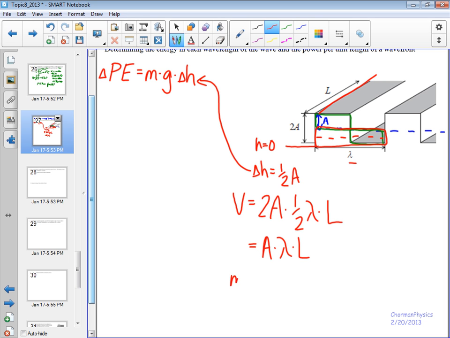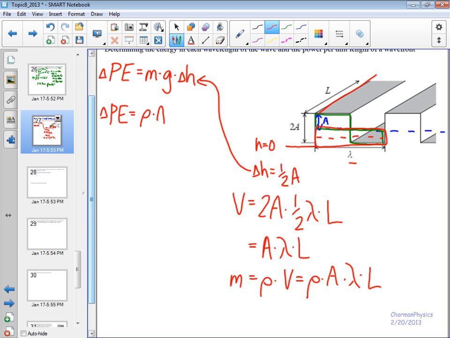So what this leads us to is that the mass is going to be equal to the density times the volume, and this is just the same as rho times A times lambda times L. When we substitute that in here, we get our potential energy stored in this wave as the following.